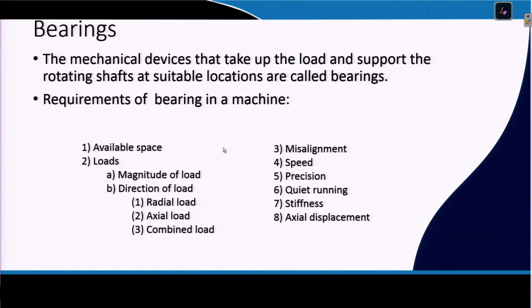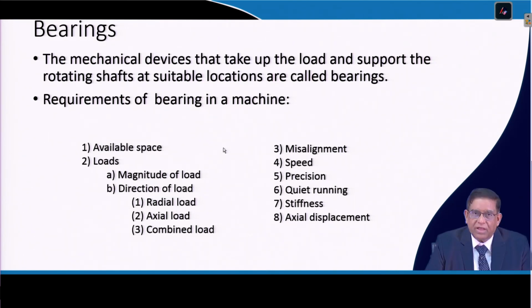The next important thing you will be knowing about in mining machinery is the bearings. Most of the machines sometimes break down because of problems with bearings. For example, in a drilling machine, when your drill bit is cutting at a depth, a lot of heat is generated, and the bit is rotating against a bearing.